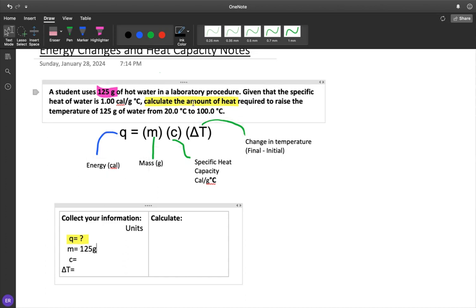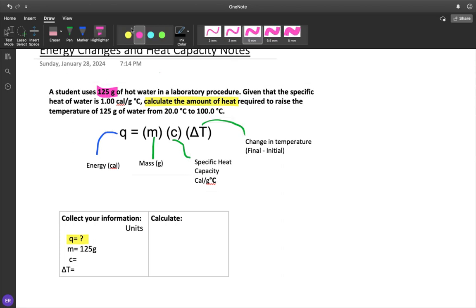Now let's look for the next thing. Given that the specific heat of water is 1.00 cal over gram degree Celsius. Now we have another number right here, and it has a combined unit. We should know that the combined unit is a specific heat capacity. So this is our C, our little c.